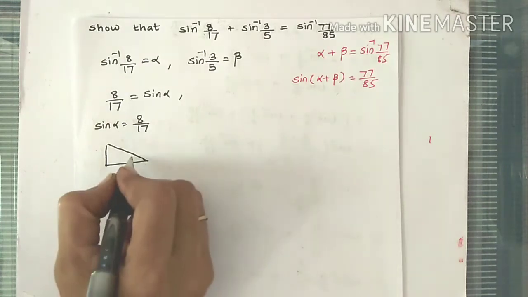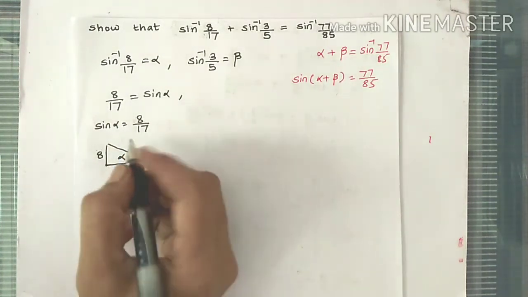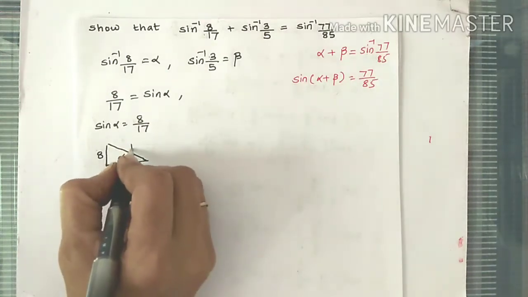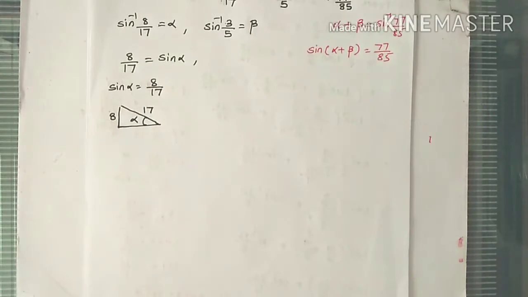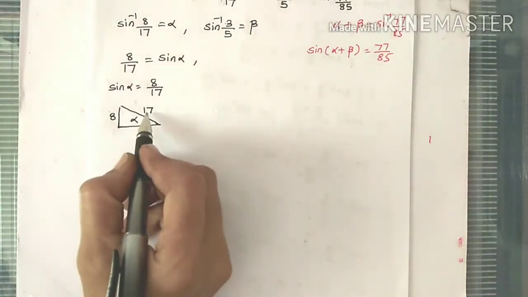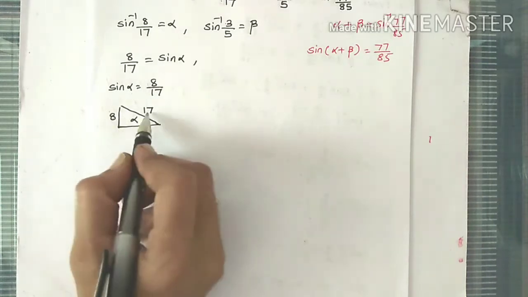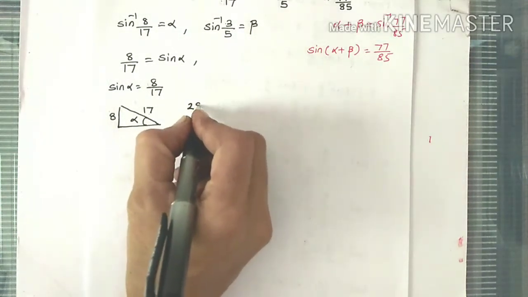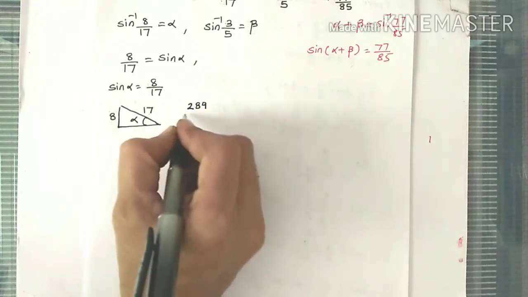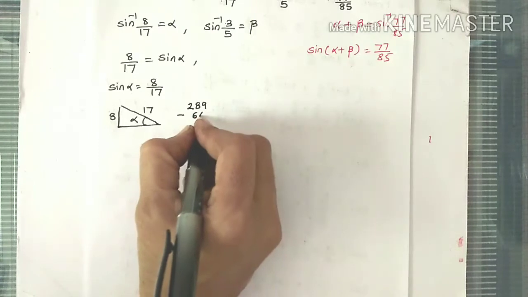Now sin of alpha is 8 upon 17. So the opposite side is 8 and the hypotenuse is 17. Now let's find the remaining side. To find the remaining side, we take the difference of the squares, since it is a hypotenuse. So hypotenuse square, that is 17 square, is 289, minus 8 square, that is 64.